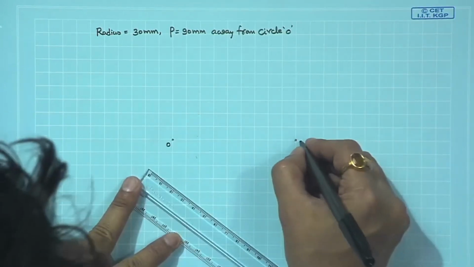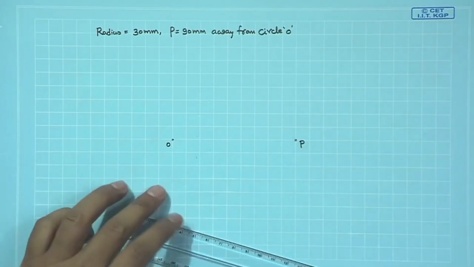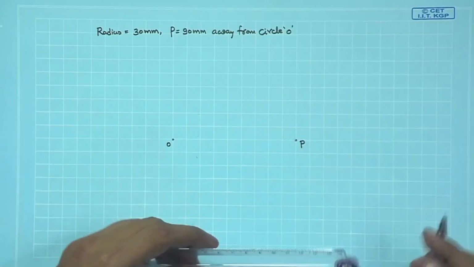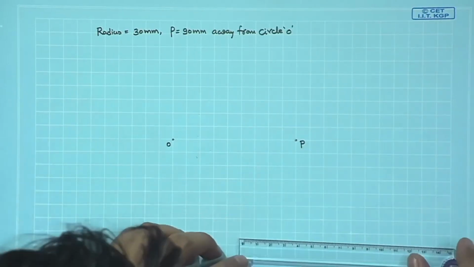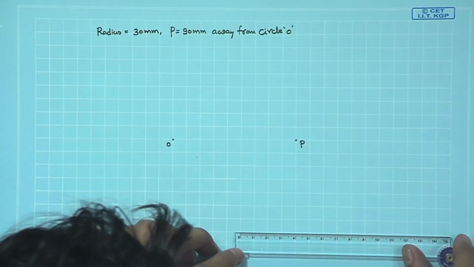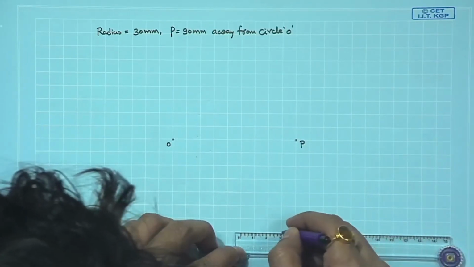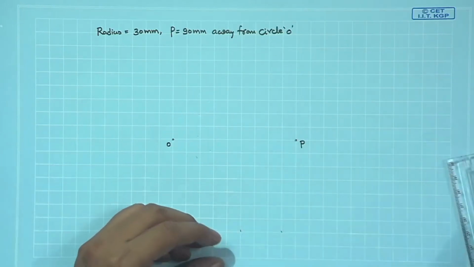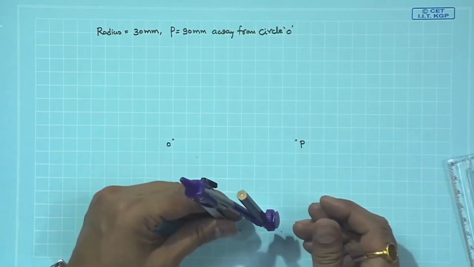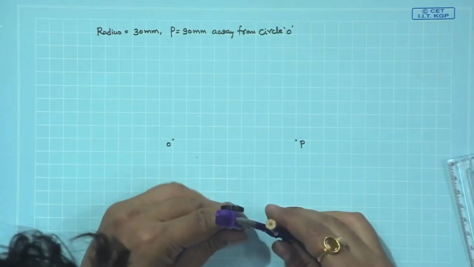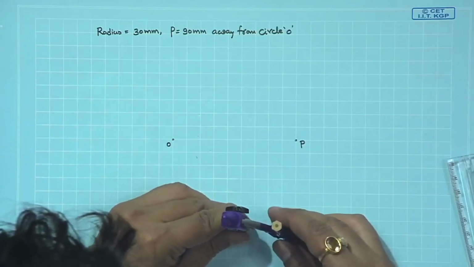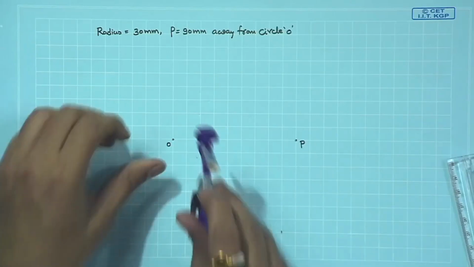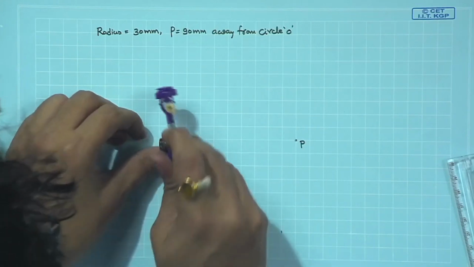Let us call point P, and circle radius is 30 mm. So, 30 mm, this is 30 mm. So, draw a circle.